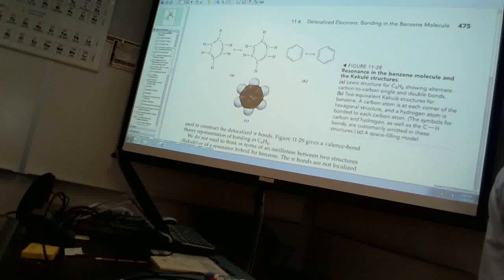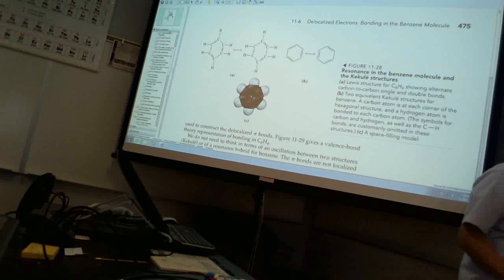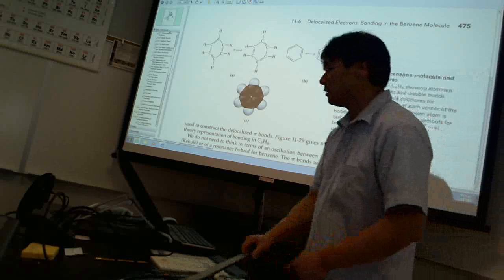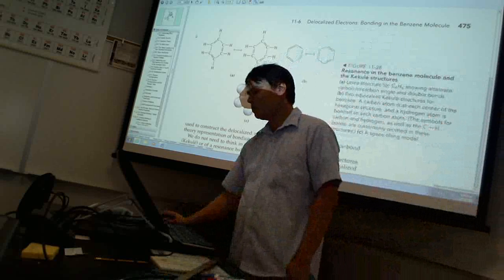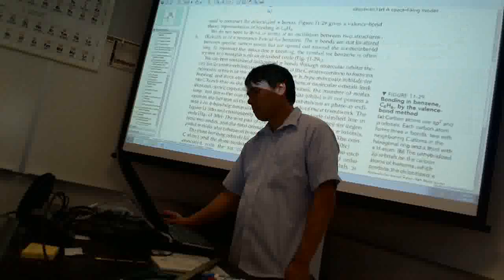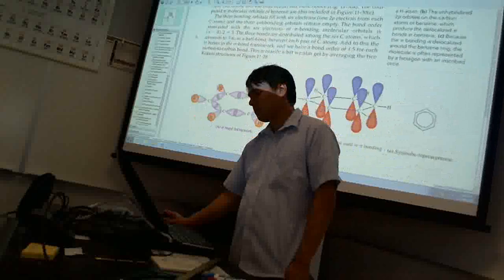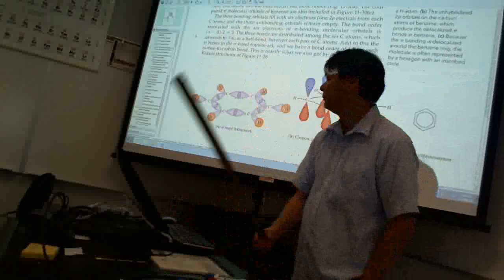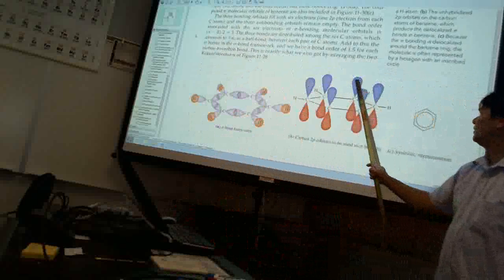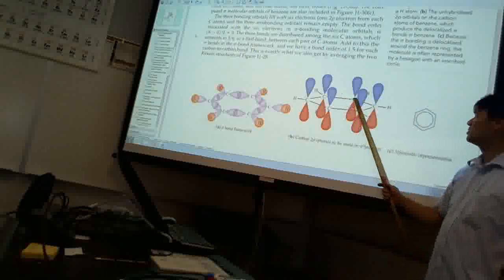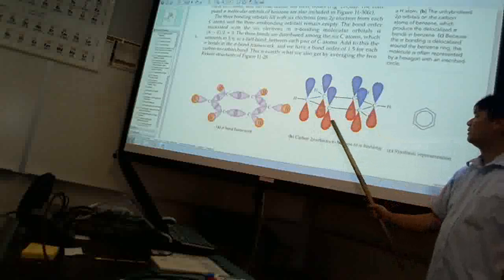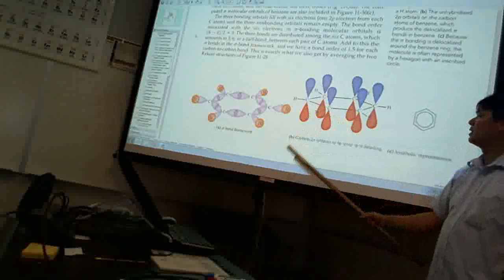The reason it's more stable than expected is because this delocalization over the pi bonding network helps increase the stability of this structure. And so we can see it here. See all the p orbitals are lined up. And so if we smear out the electron cloud over all these, it becomes quite a bit more stable.